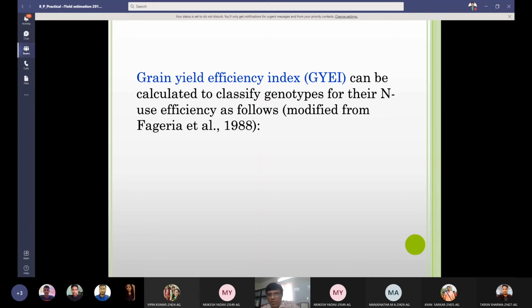He was working on phosphorus and he developed this index to find out phosphorus use efficient genotypes. But the same formula, the same index, can be used to find out nitrogen use efficient genotypes. I just want to expose you to this subject, to explain why we need the grain yield efficiency index.